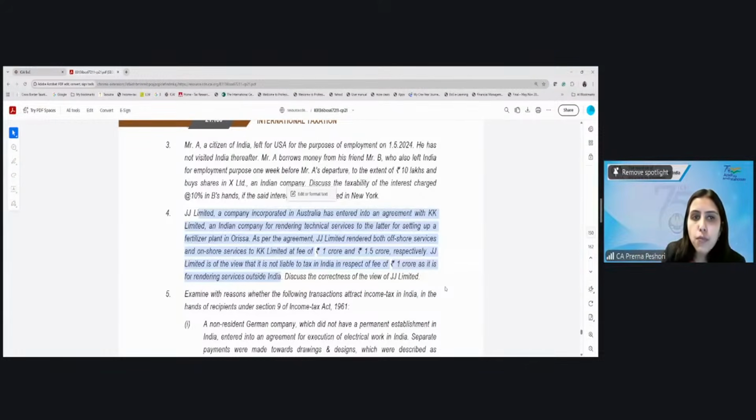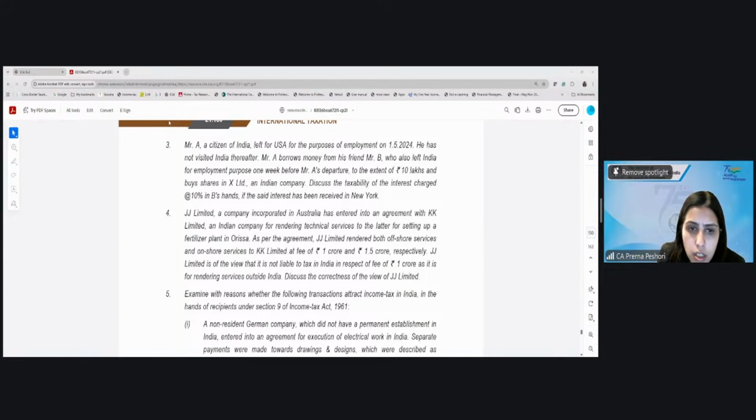Discuss the correctness of the view of JJ. Now see, irrespective of the fact that the services are rendered outside India, section 9(2) says that even if the services are rendered outside India, but these are utilized in India, the fees shall be deemed to accrue or arise in India. Are we clear? So in that particular case, the contention is not correct, and on both the amounts there will be taxability.